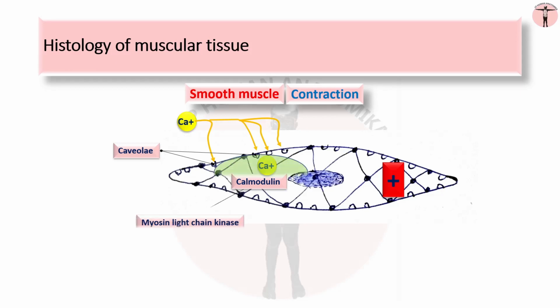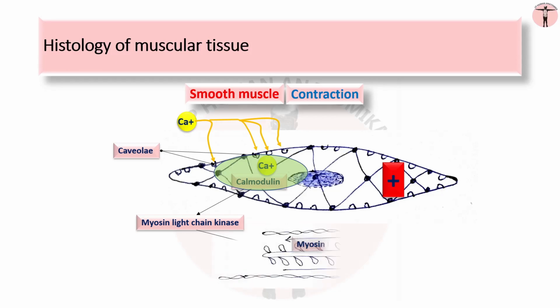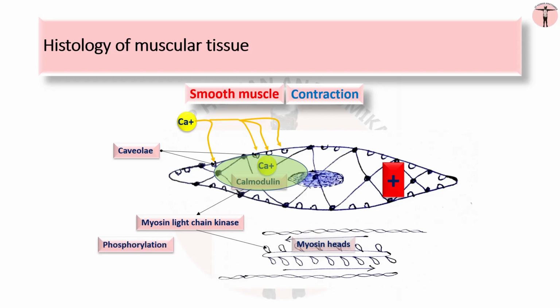This complex then activates an enzyme called myosin light chain kinase. Myosin light chain kinase in turn activates the myosin heads by phosphorylating them, that is, converting ATP to ADP and phosphate, with the phosphate attaching to the myosin head. The heads can then attach to actin binding sites and pull on the thin filaments.